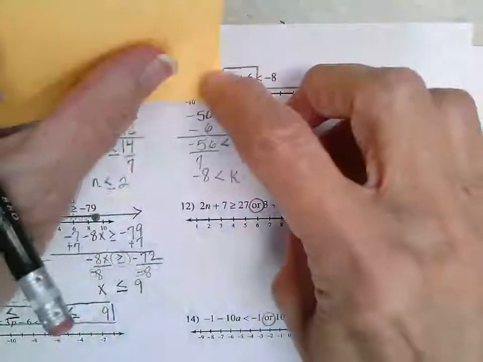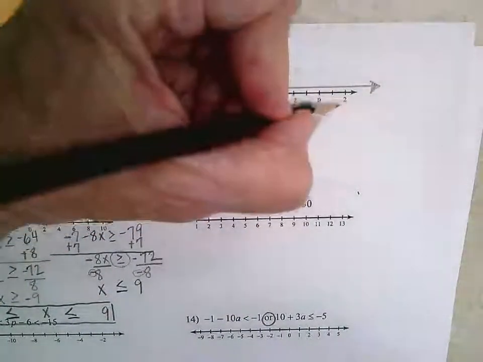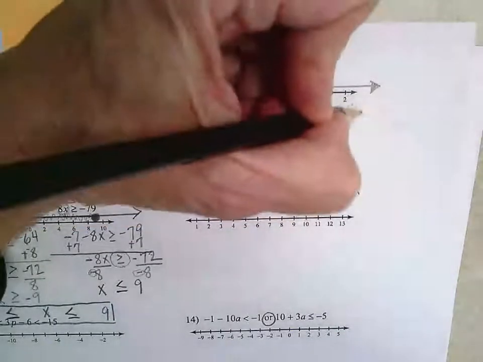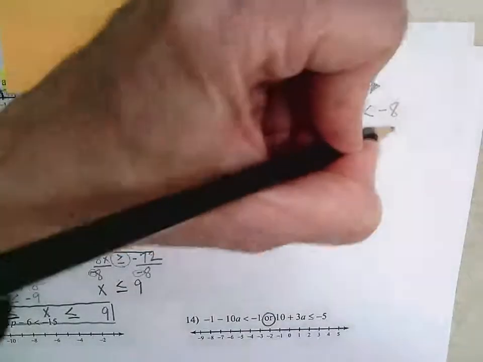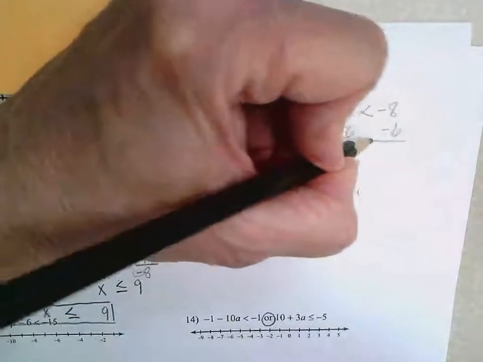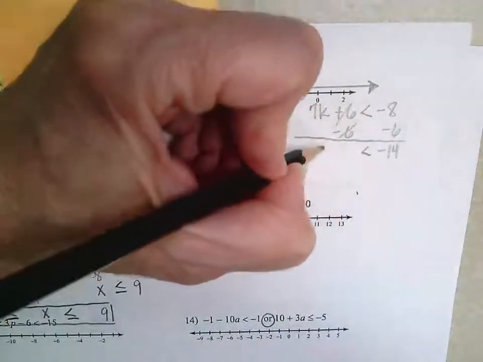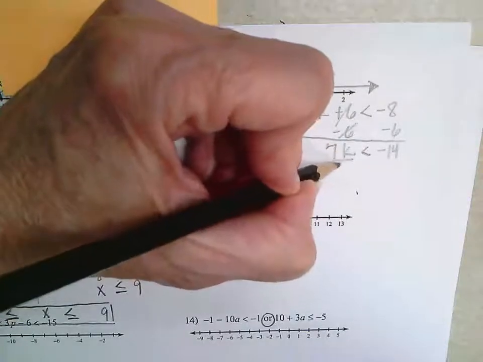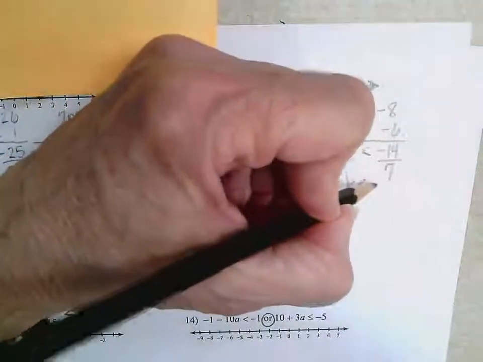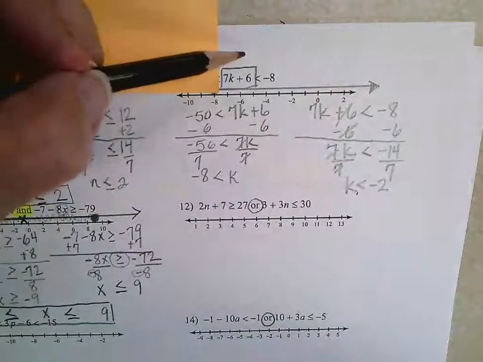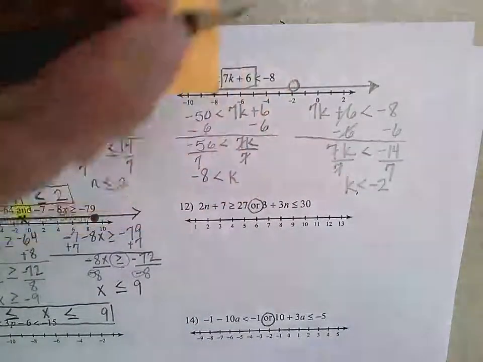And solve the other one. So k is less than -2, and that would be an open circle.